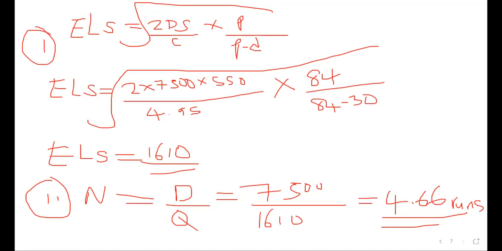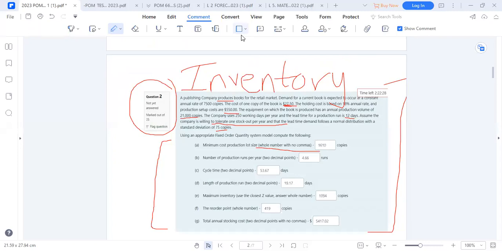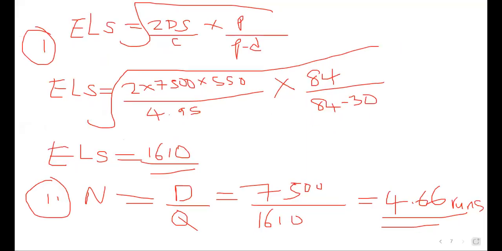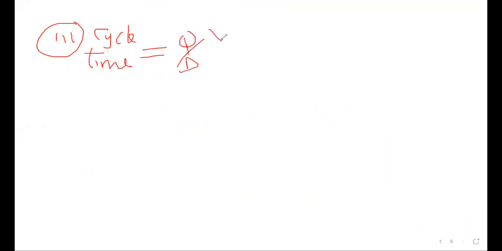So what does it mean? Before that, let's go down to the other one. Another question says cycle time. Our cycle time is actually number 3. So a cycle time is equal to Q over D multiplied by the days of year given.